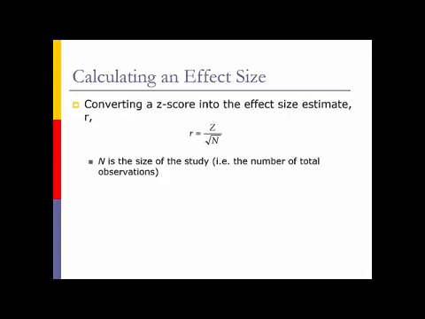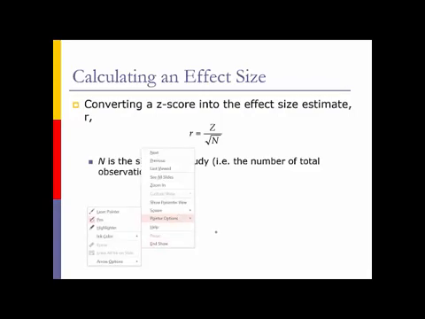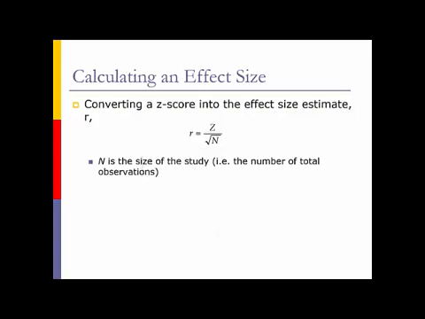Calculating an effect size, we essentially have to do the same thing. We need to calculate an R value, and we are given the z-score on the output. So all we need to do is go ahead and calculate that for both the 3 hours and the morning.